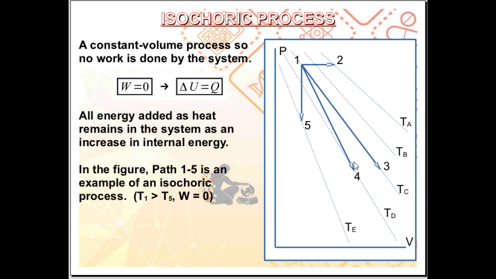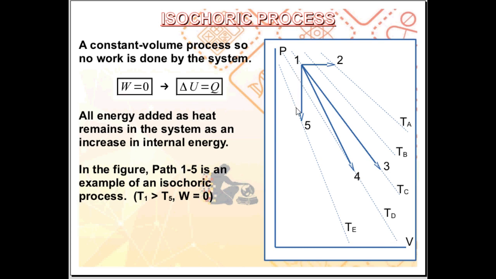In the figure to the right, path 1,5 is an example of an isochoric process. From initial state 1 to final state 5, the volume is constant, which means work done is 0.